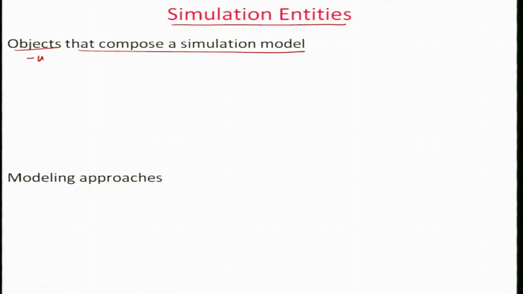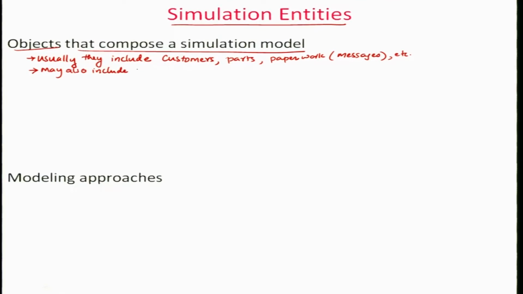What are they? Usually they include customers, parts, paperwork like messages or information, okay, etc. May also include resources like servers or machines, etc. So, what we are talking about is, these are the objects.